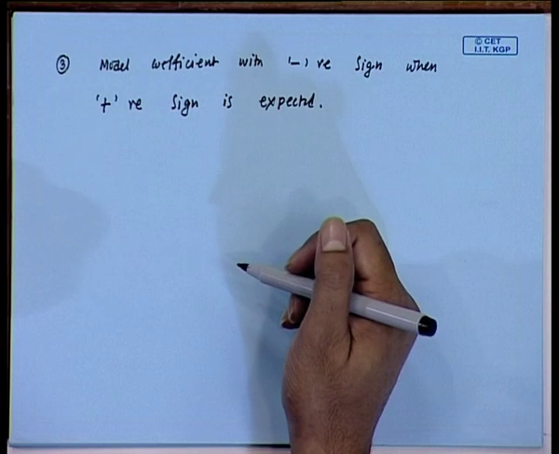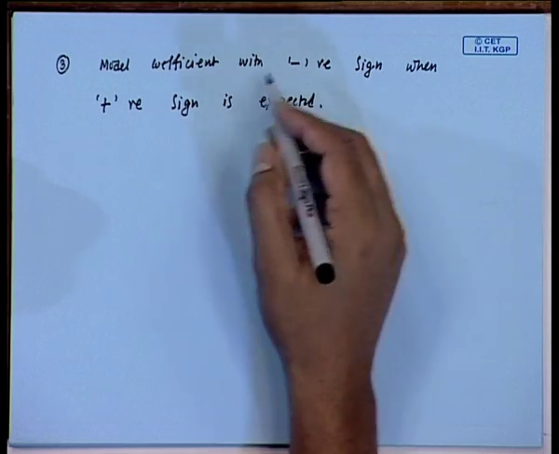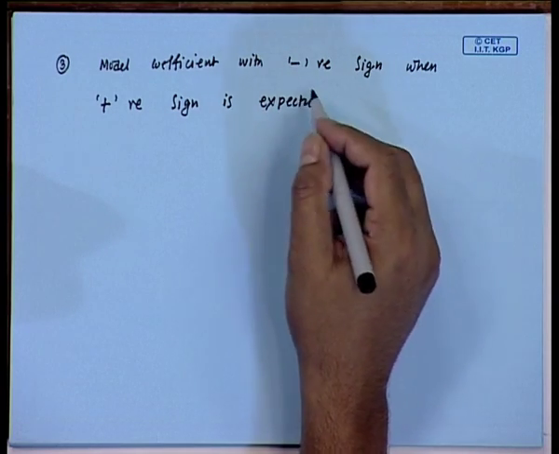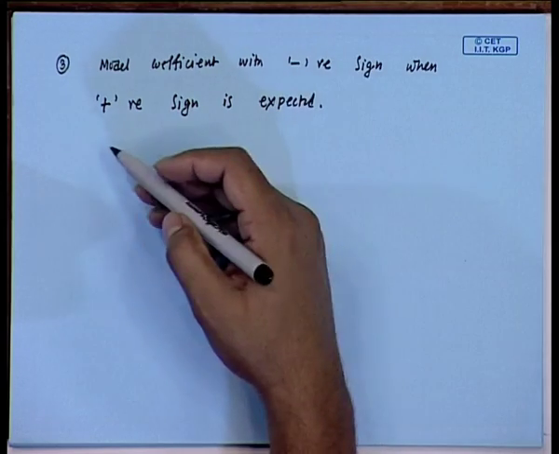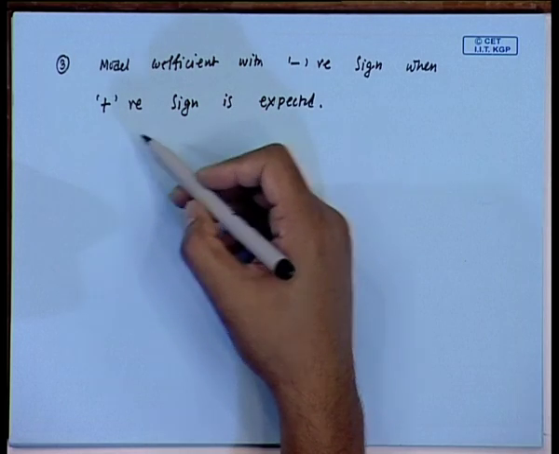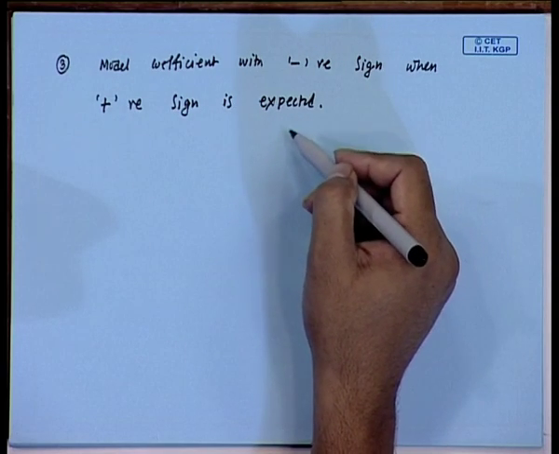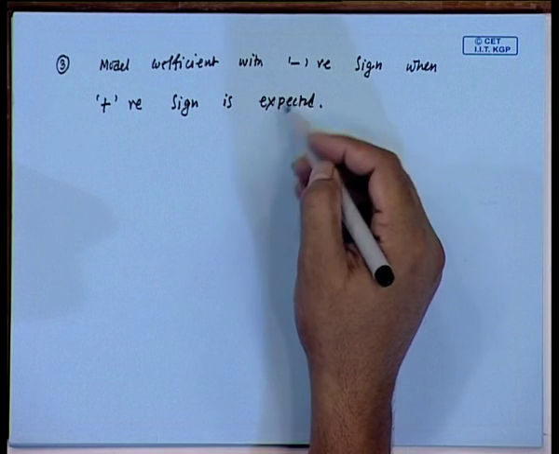You may get a negative sign for some regression coefficients when you are really expecting a positive sign for them. This might be an effect of multicollinearity.